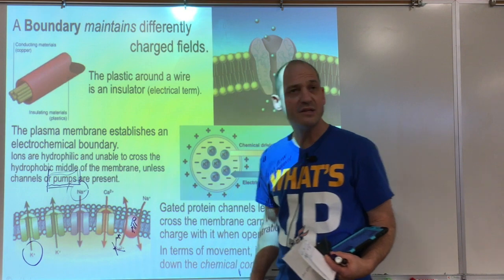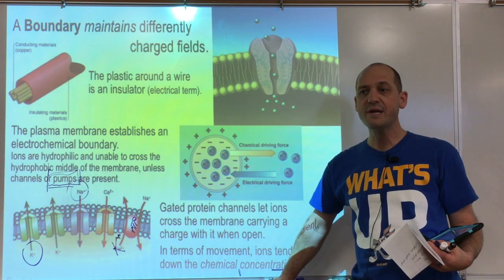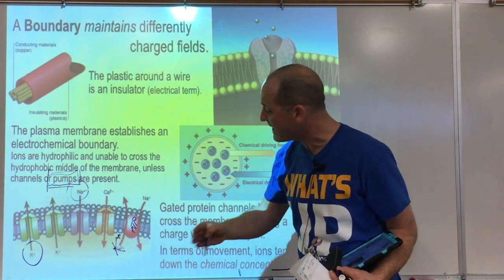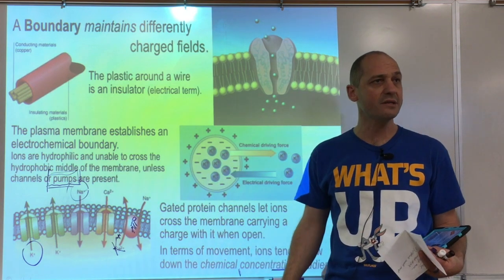And what we learned about ATP is that when it is used in cellular movement across the cell membrane, it's moving against the concentration gradient.